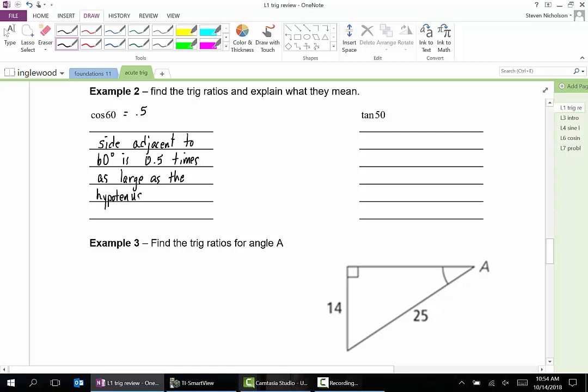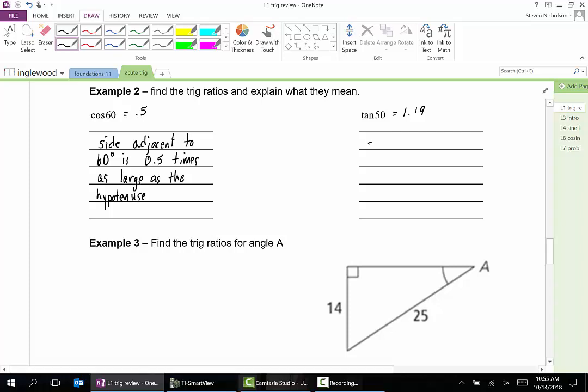Now again, there's an infinite amount of triangles that we can draw, but they all have to have the side adjacent to is 0.5 times as big as the hypotenuse. The tangent of 50 degrees is 1.19. Remember, the tangent ratio in a 90-degree triangle is opposite compared to adjacent.